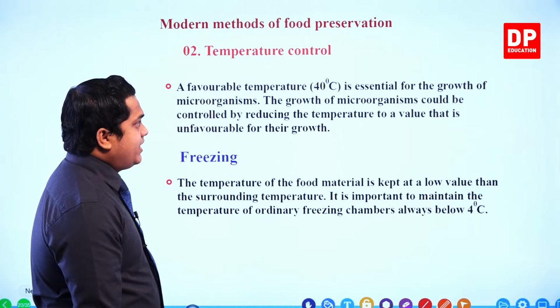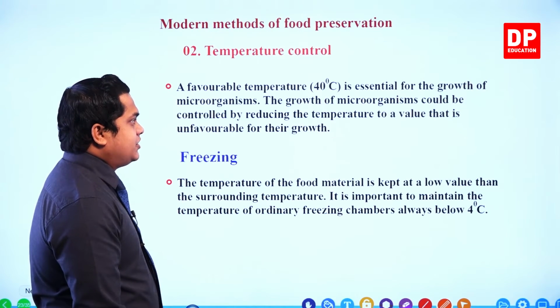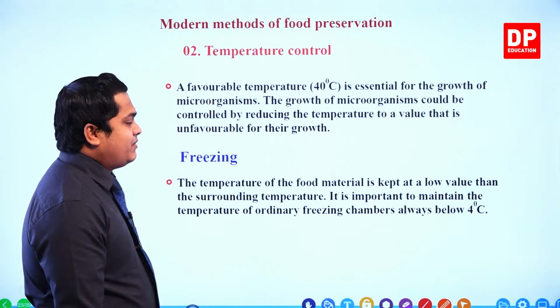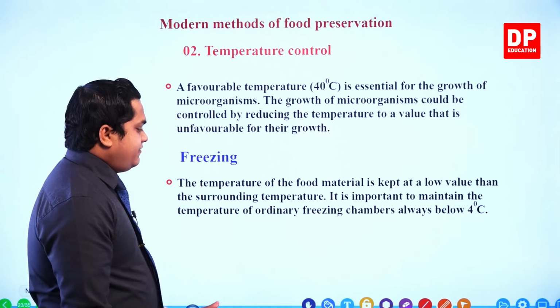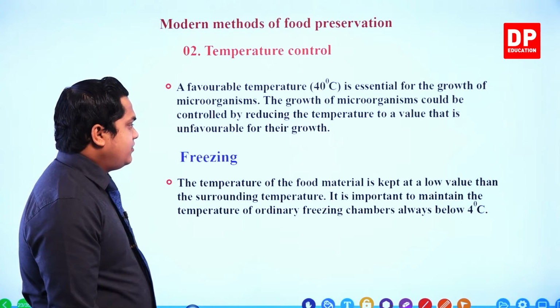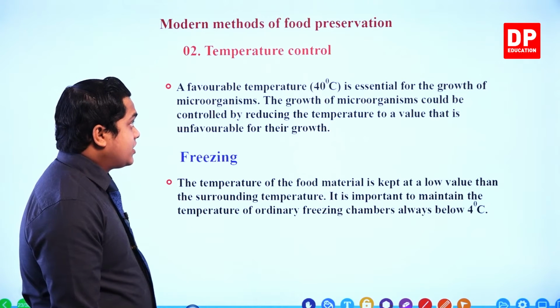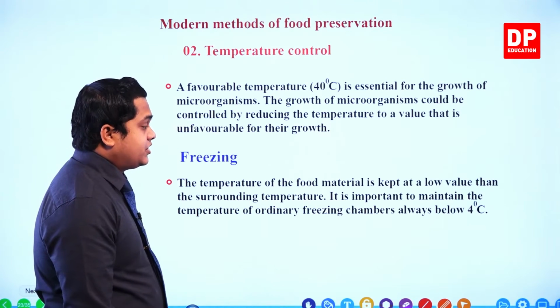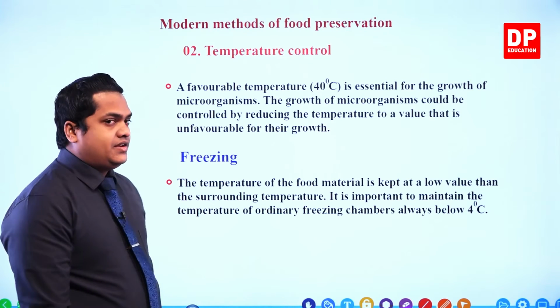So the growth of microorganisms could be controlled by reducing the temperature to a value that is unfavorable for their growth. First and foremost, the method under temperature control is freezing.